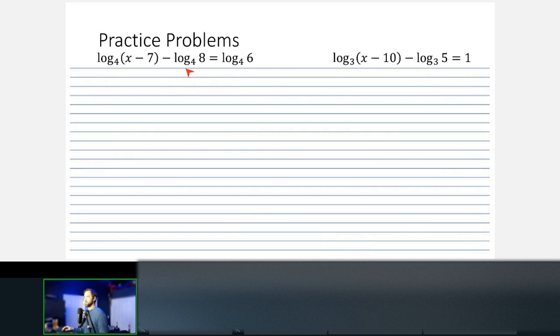All right, so yes, we can make this into division. Let's go ahead and do that. Everyone, contract this into a single log.